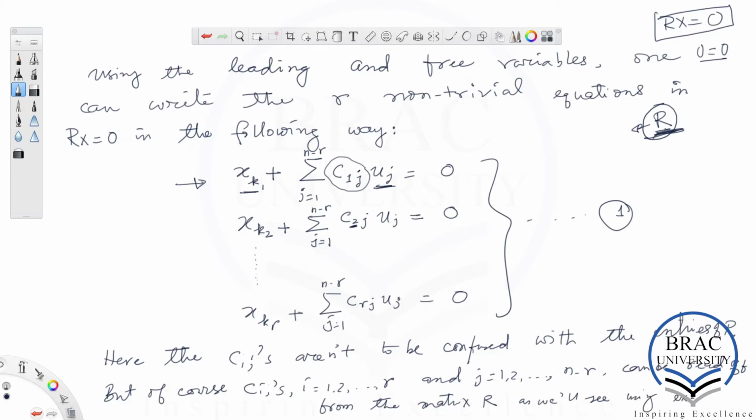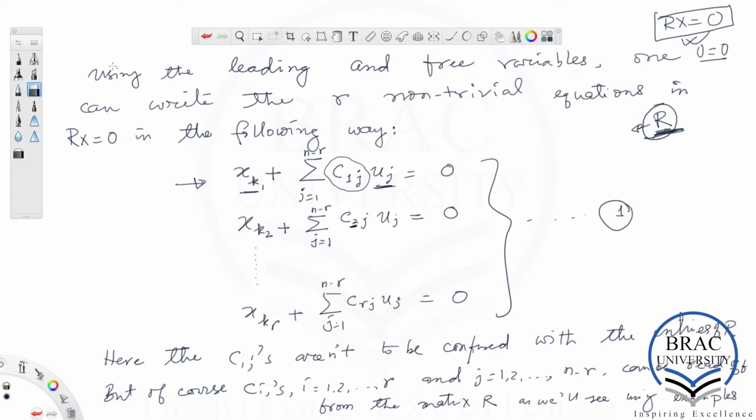Okay. So the goal here was to write these r non-trivial equations resulting from Rx is equal to 0. Okay, good.